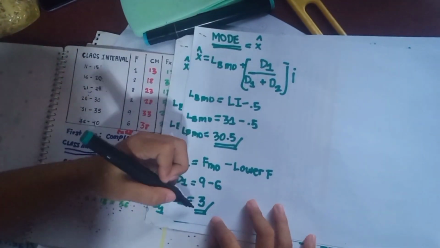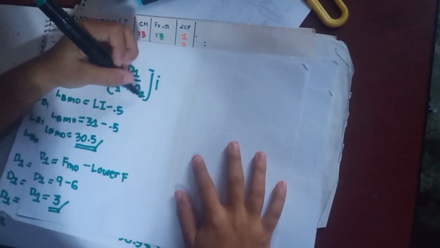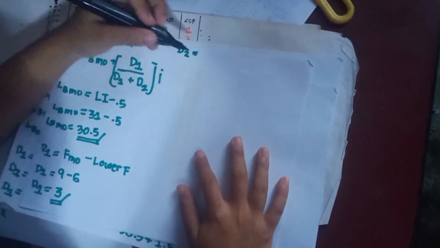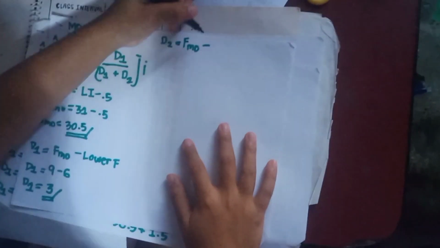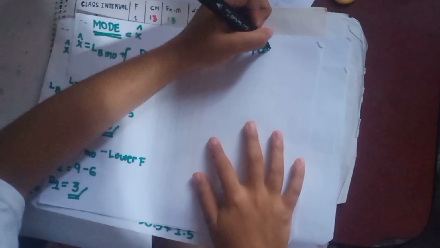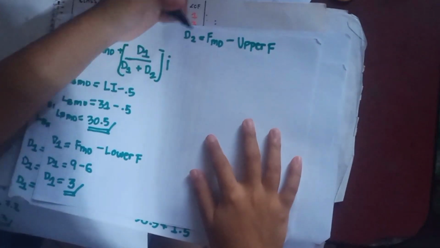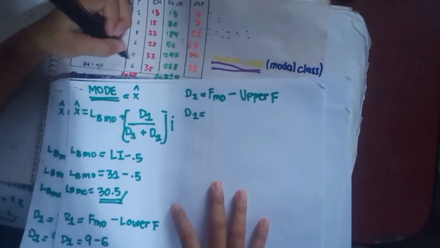The next thing that we have to get is the value of D2. So we can solve D2 by using this formula. Frequency of modal class minus the upper frequency of our modal class. So we will go back to our table right here.